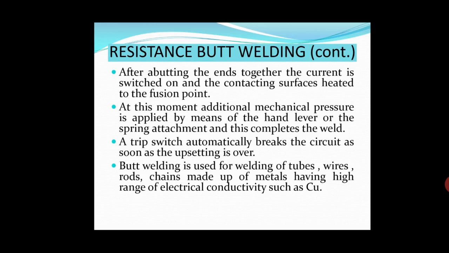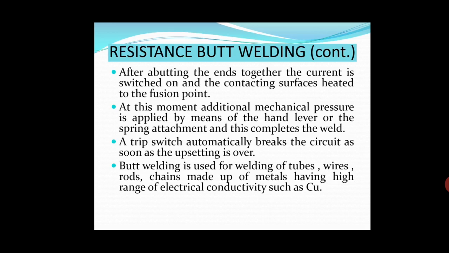Once the two pieces are in contact, the switch is on, and current starts passing through the contact surfaces. Once current starts passing, a resistance will be developed, and this resistance will cause heat, and due to this heat both ends come to the fusion point.